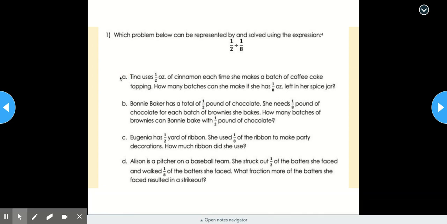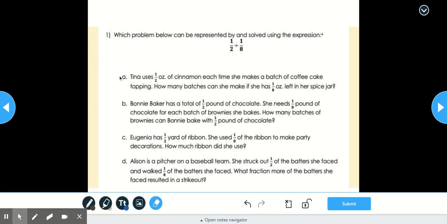Choice A says Tina uses 1/2 ounce of cinnamon each time she makes a batch of coffee cake topping. How many batches can she make if she has 1/8 ounce left in her spice jar? Well, this tells me how much cinnamon Tina has left. It tells me that she has 1/8 ounce left, but it doesn't exactly tell me how much she can divide her total into.